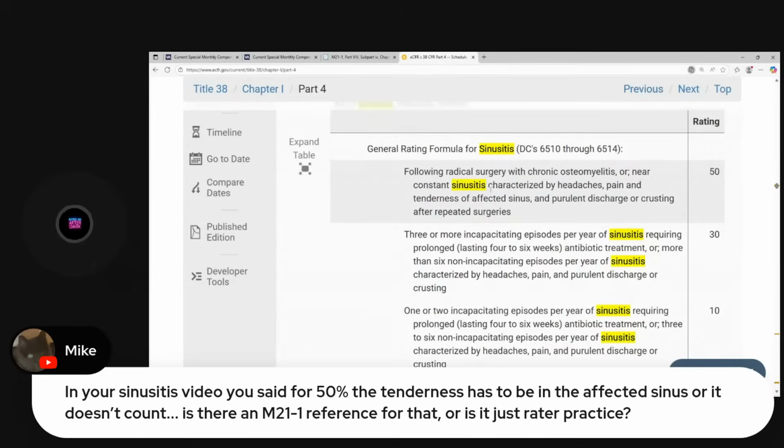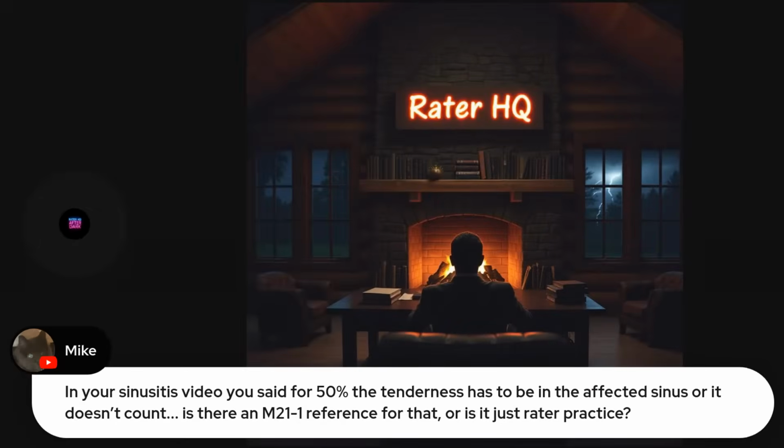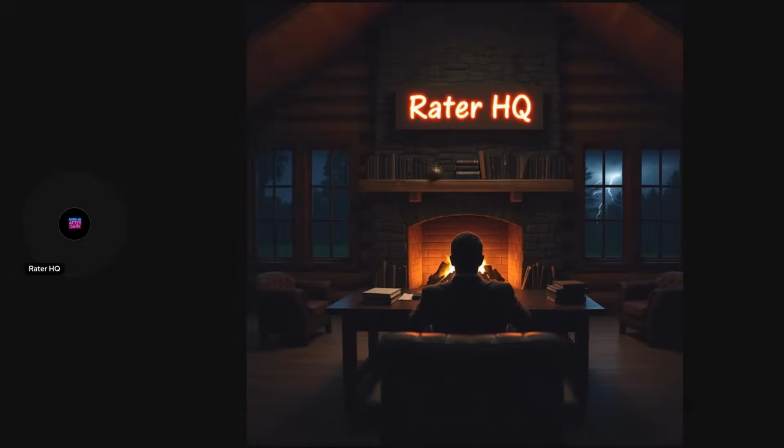But this is where I got it from: it's actually in the rating criteria that it has to be tenderness of the affected sinus. So if there's no tenderness in the frontal and you're being granted for the frontal, then we can't give you the 50%. So I hope that helps, Mike.